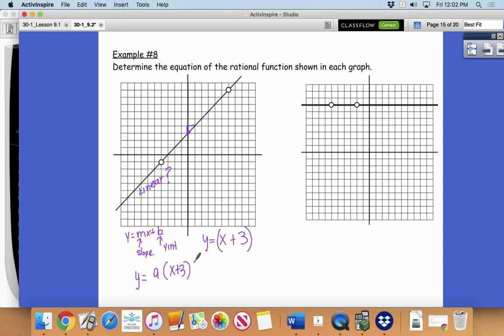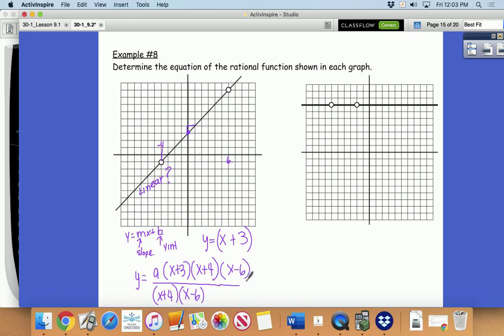We're going to have to include our points of discontinuity. We know that one point represents 1, 2, 3, 4, -4, and the other one's occurring at 1, 2, 3, 4, 5, 6, right? So we have to have an x plus 4 to represent the x minus 4. We have to have it at the top and bottom because those need to cross off if it's a point of discontinuity. And we have to have x minus 6 at the top and bottom to show that those would also cross off.